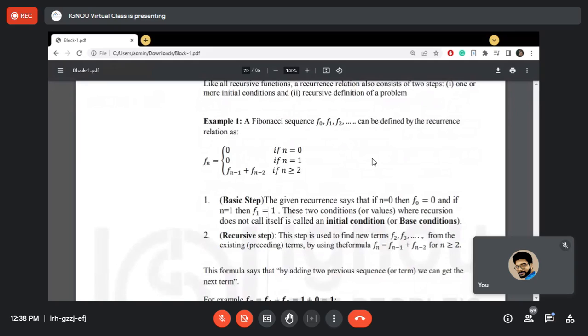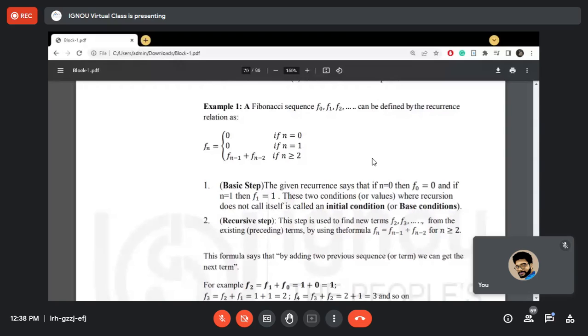The basic steps given in this series: the recurrence says that if n is equal to 0, then f0 is equal to 0. If n is equal to 1, then f1 is equal to 1, there is a mistake in your question. If n is equal to 0, you get 0.